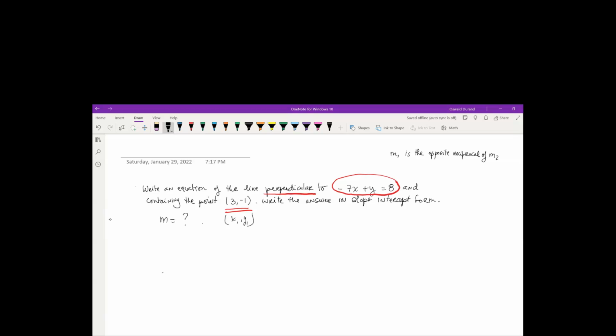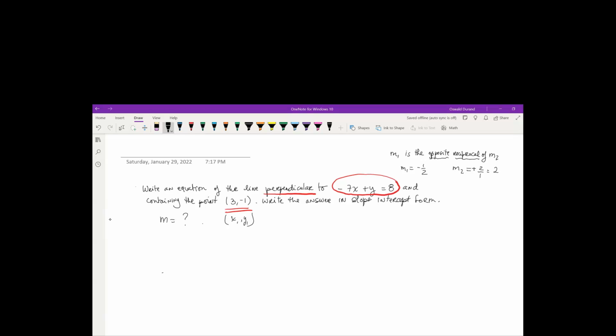So for example, if m1 is equal to -1/2, then m2 is the opposite: the opposite of negative is positive, and the reciprocal of 1/2 is 2/1, which is equal to +2.